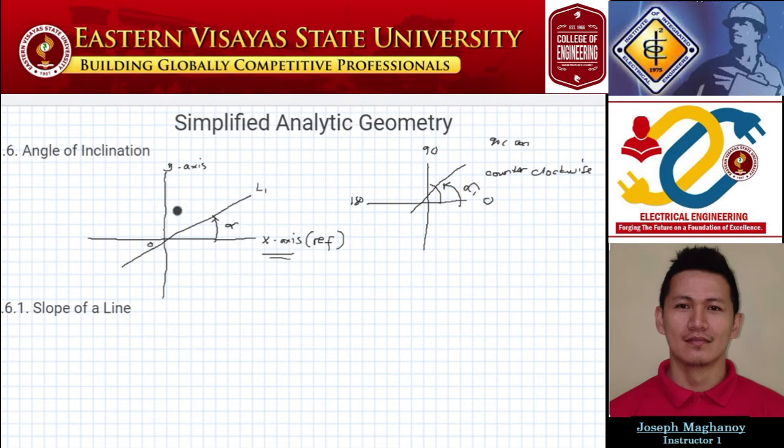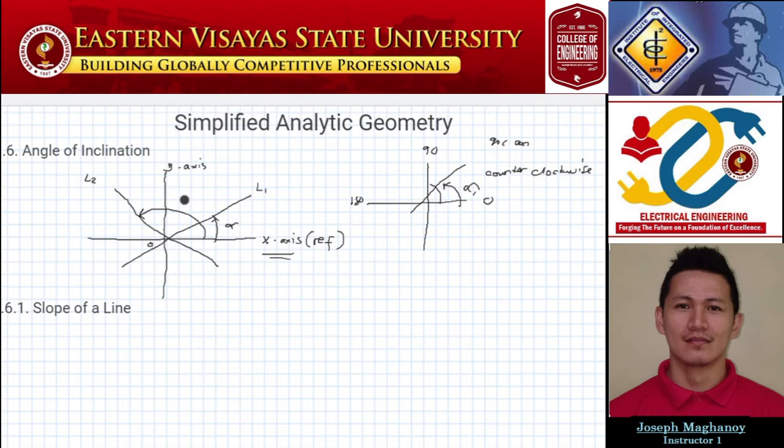Okay, let's draw another line. So this is our line 2. Again, the angle between the reference line and line 2 is our angle of inclination.